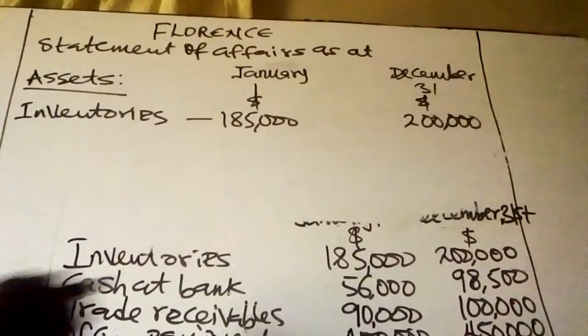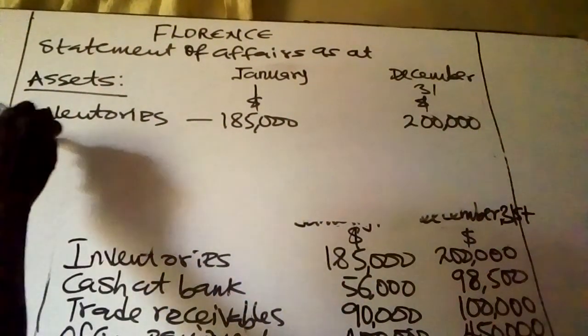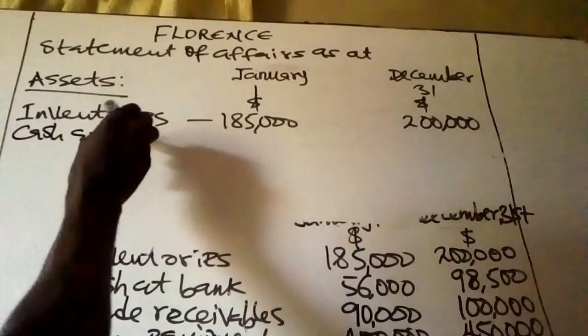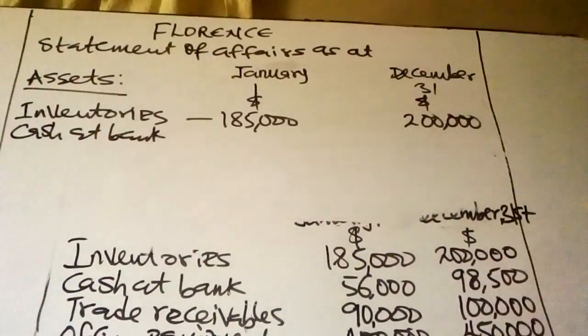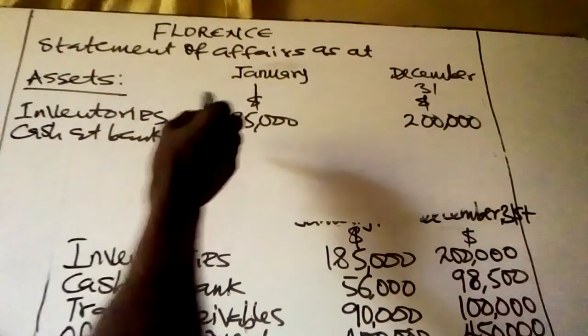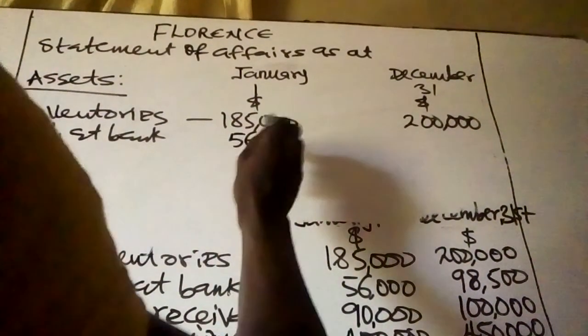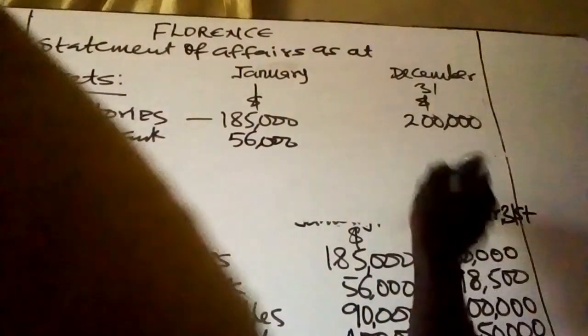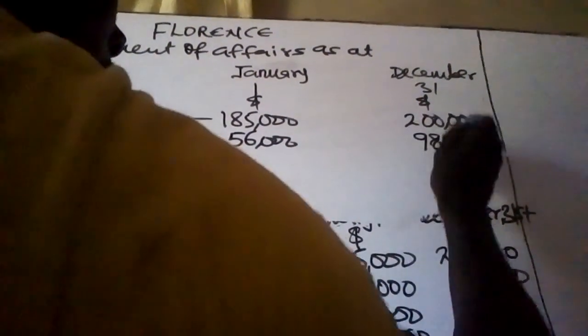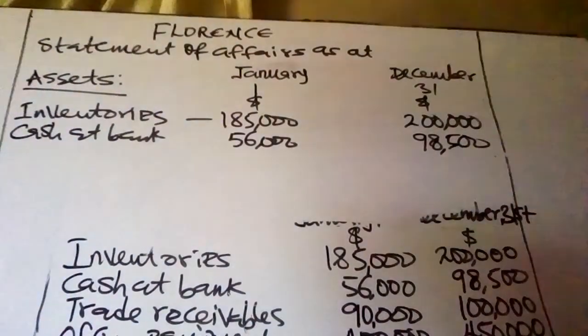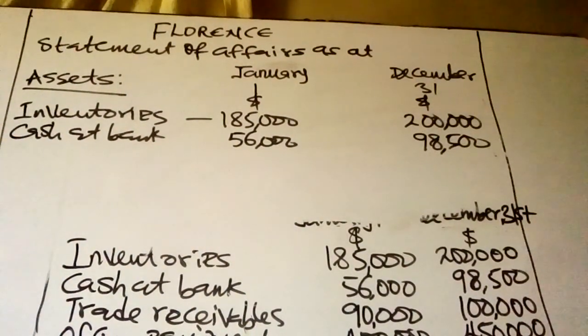Then we have cash at bank. The opening is 56,000, while the closing is 98,500. Now, before we go further, please let's look at the additional information.